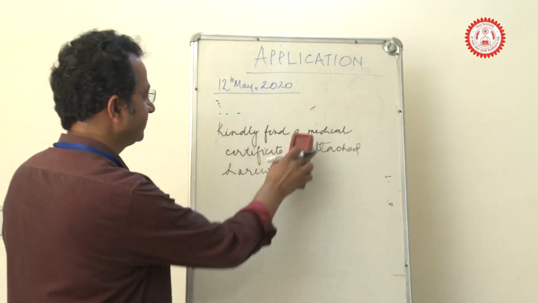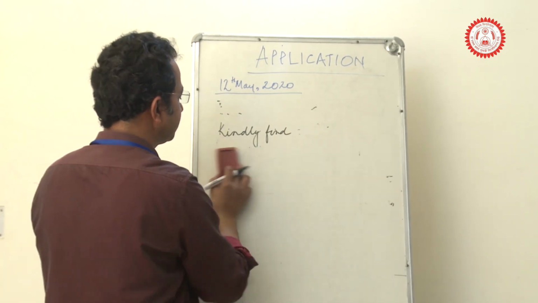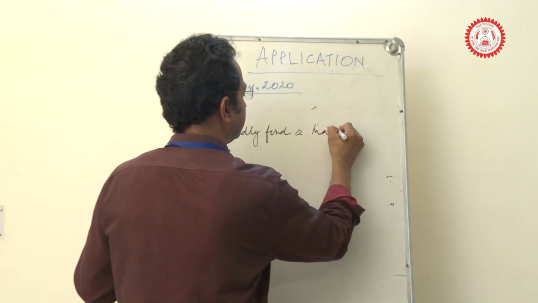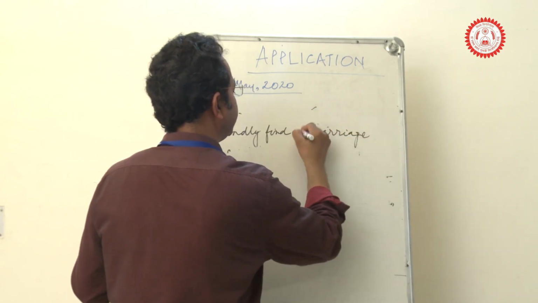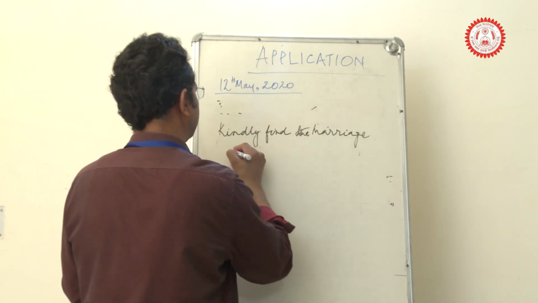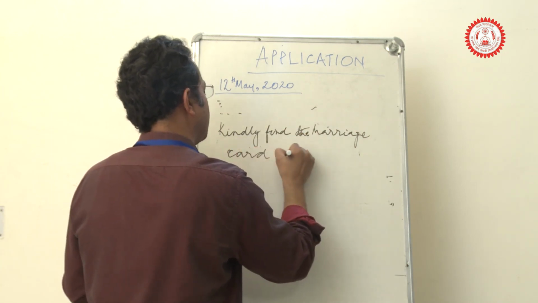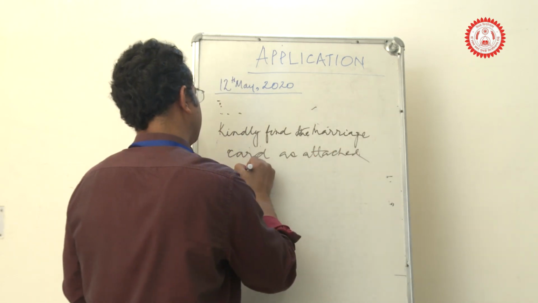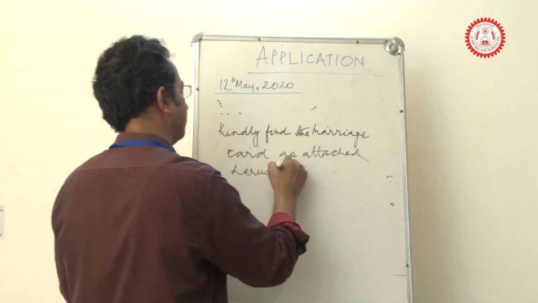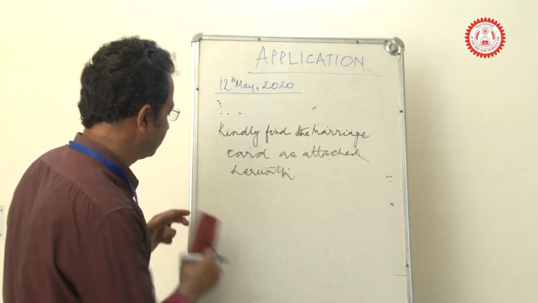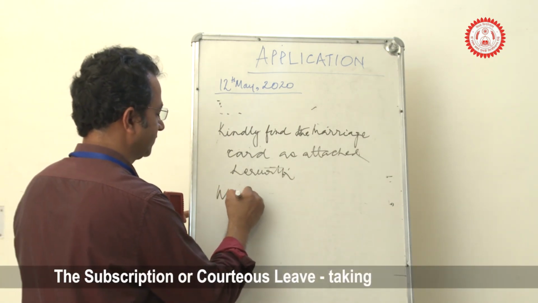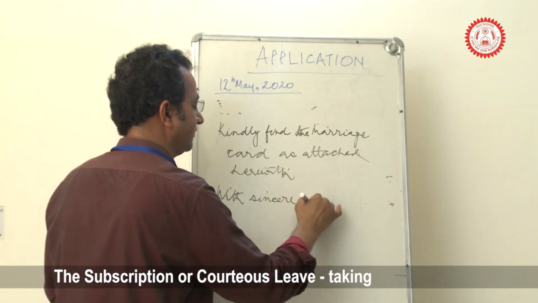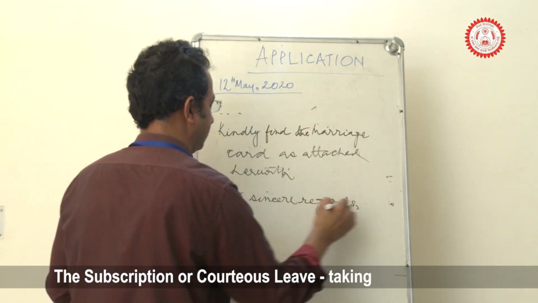Or kindly find, suppose you are going to a marriage, kindly find the marriage card as attached herewith. You can do the same. Now after writing this, you say, with sincere regards, comma.